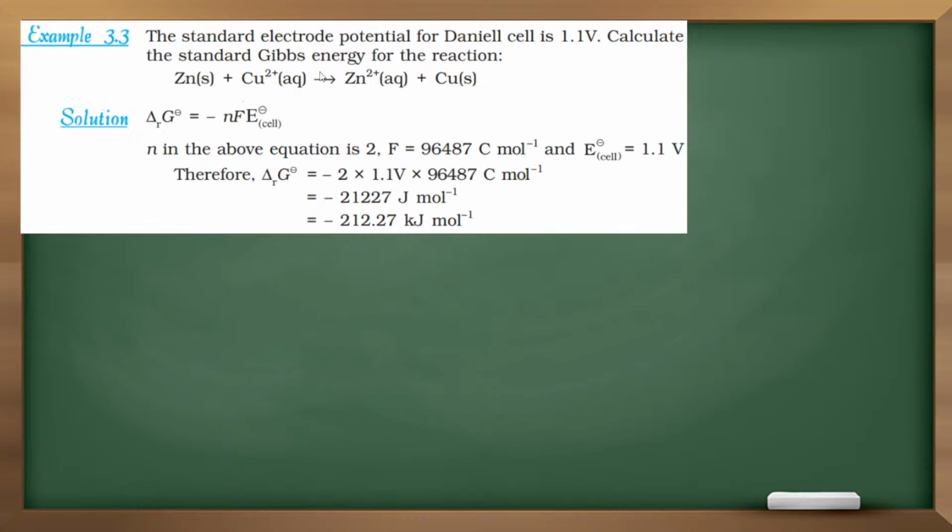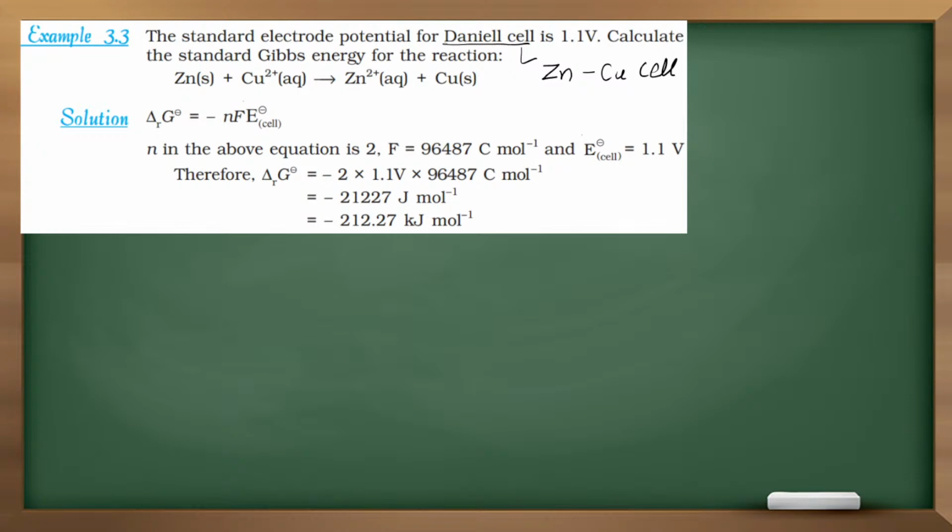3.3: standard electrode potential for the Daniell cell. What is the Daniell cell? The zinc copper cell. Okay, the zinc copper cell is called the Daniell cell, and zinc plus copper 2+ gives zinc 2+ plus copper.